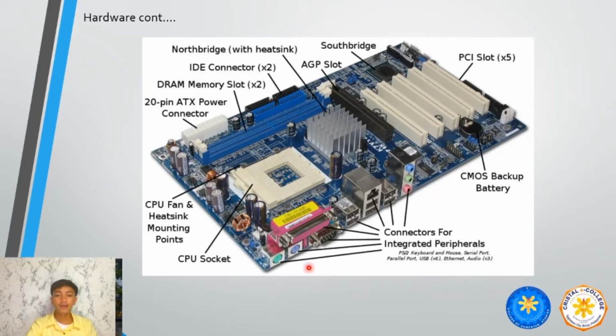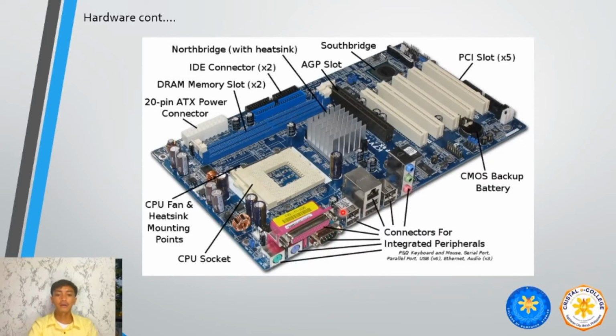So here at the back of our motherboard, we have several connectors and integrated peripherals. We have our mouse port, the keyboard, and the serial port. This purple one is for our printer, and this one is for our monitor.